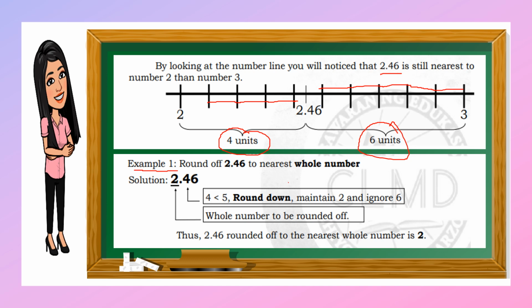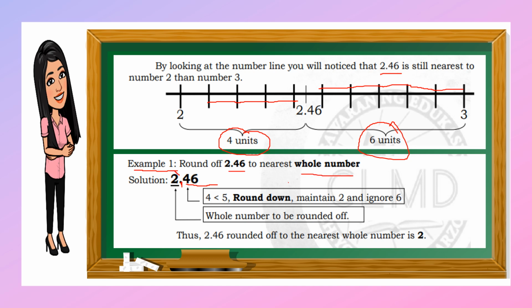After the decimal point, pagkatapos ng decimal point, di ba ito si decimal point natin? Ayan si decimal. Pagkatapos ng decimal point, yung mga number naman papunta sa right, those are decimal numbers.